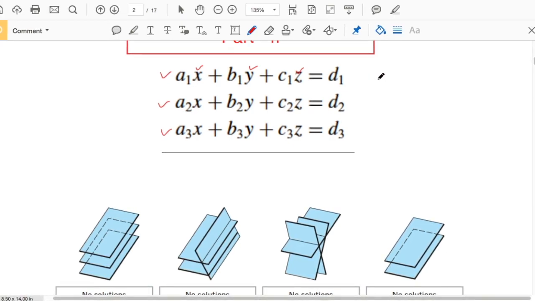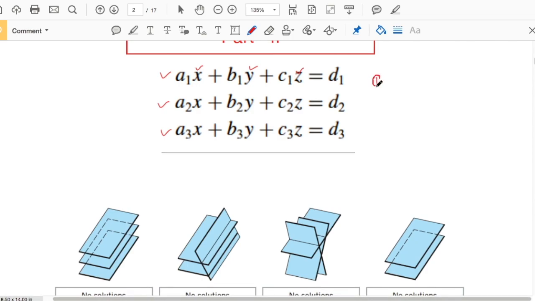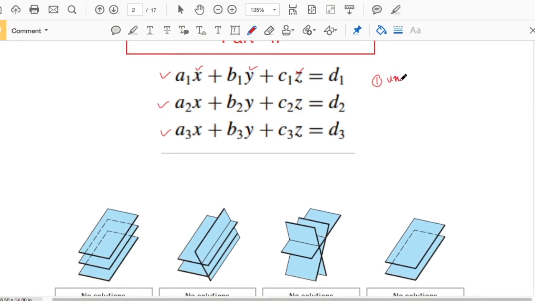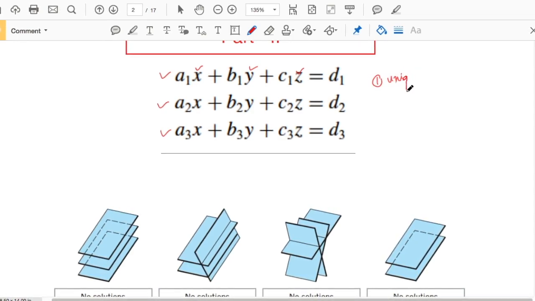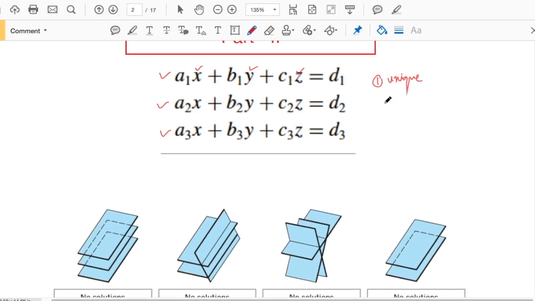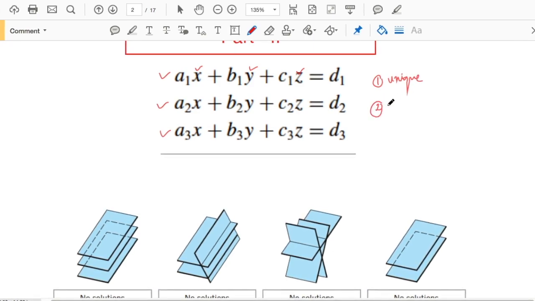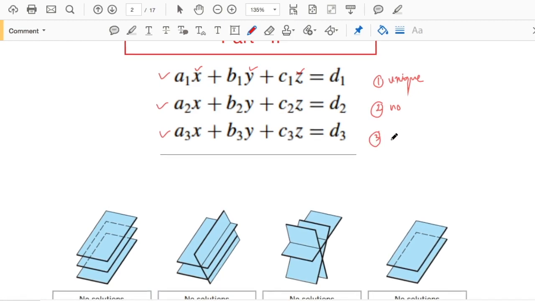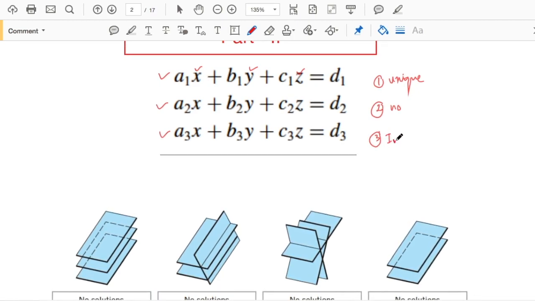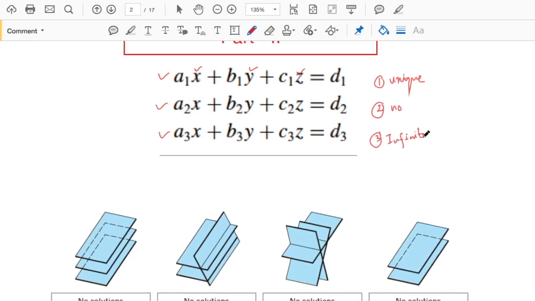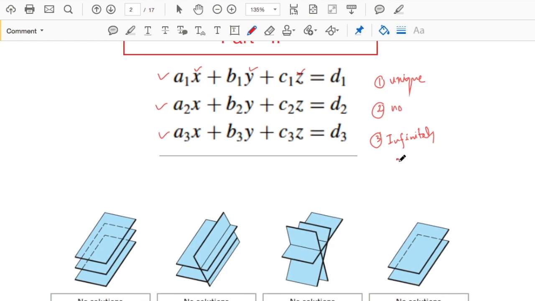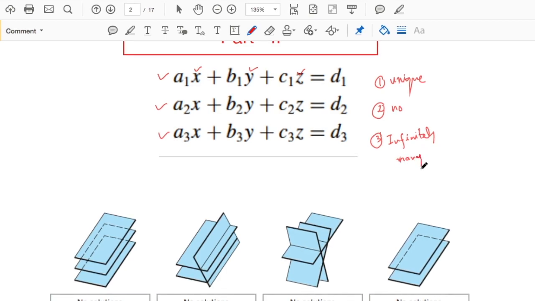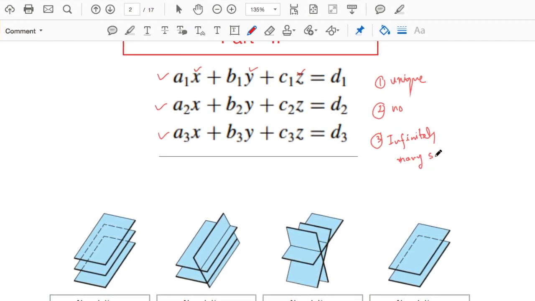Either you will get a unique solution of the system, or you will get no solution of the system, or you will get infinitely many solutions of the system.